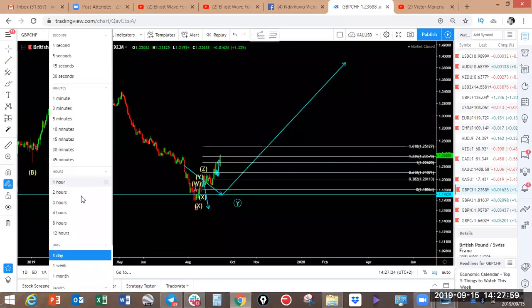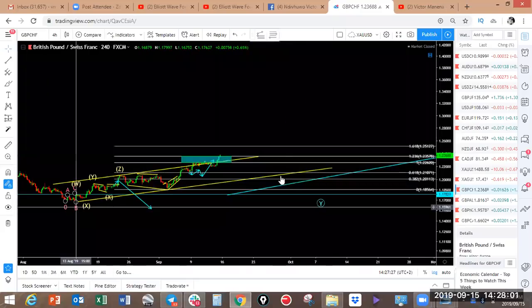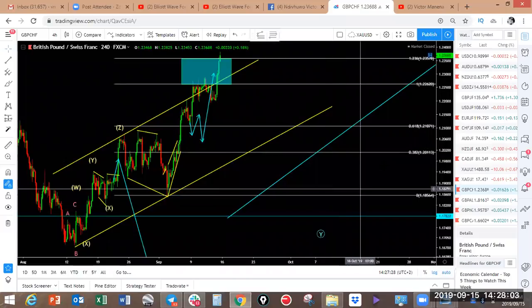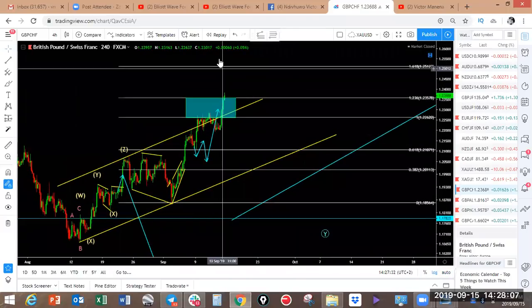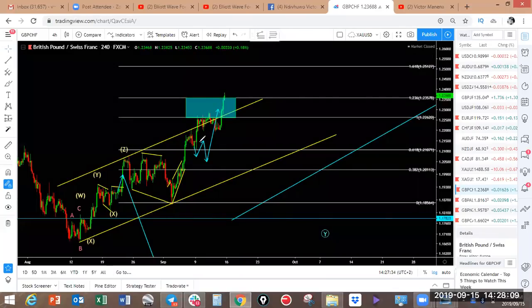I have to go through to the 4 hour. Let's go to the 4 hour. Now, we have pushed higher from the blue box. I expected this one to go from this level here into the blue box. It went into the blue box but corrected again, and now it is here. Now we need to see what happens here.